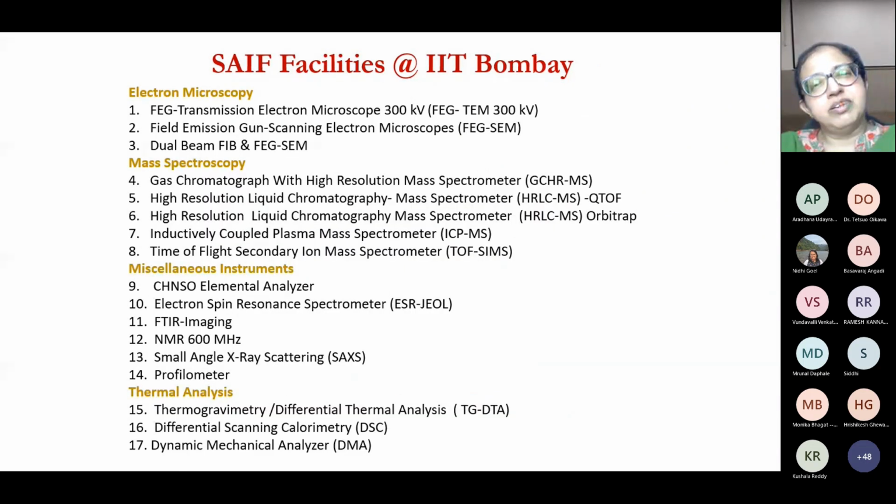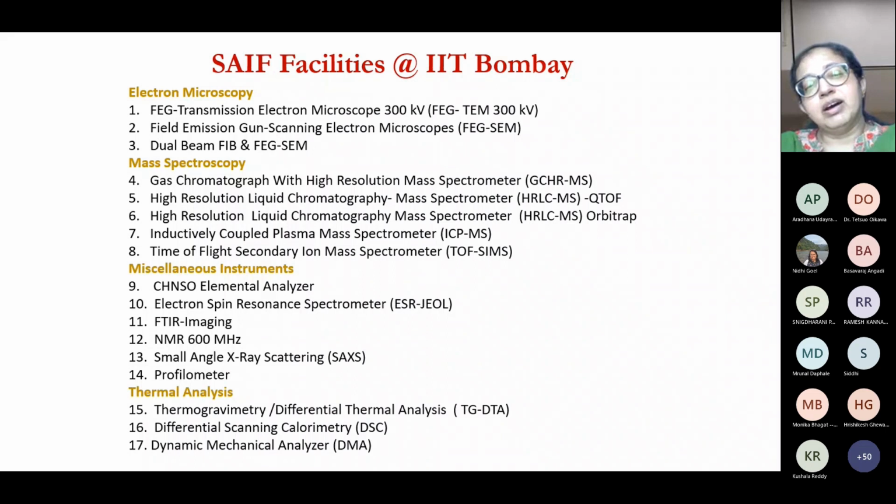And we have various facilities at SAIF, electron microscopy facilities like FEG-TEM 300 kV, then FEG-SEM, then dual beam, and under mass spectroscopy facilities, we have GCMS, HR LCMS, QTOF, and Orbitrap.